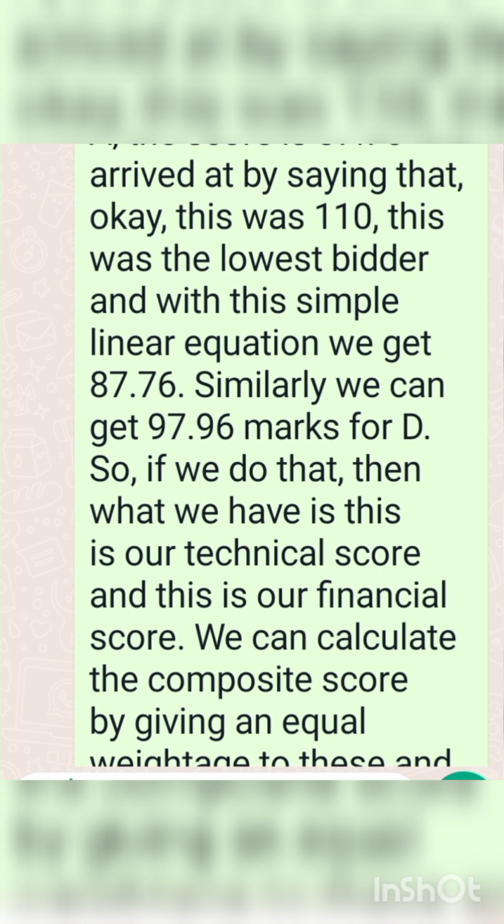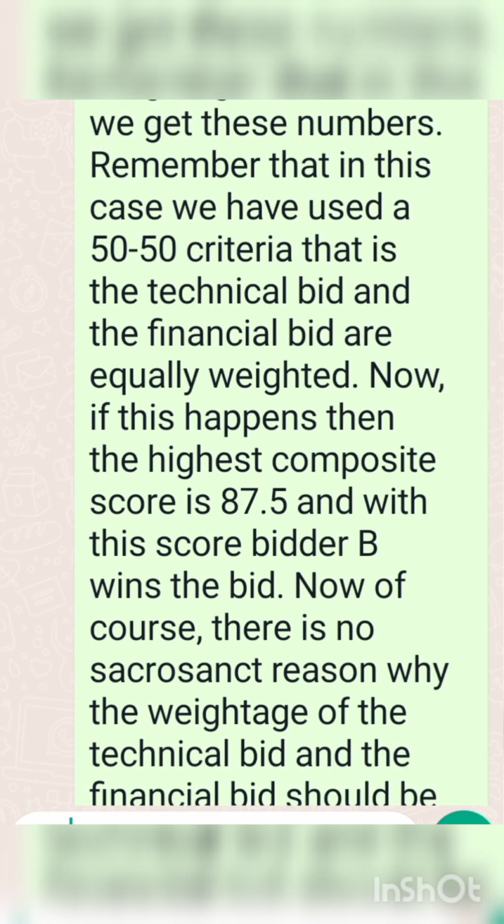We can calculate the composite score by giving an equal weightage to these, and we get these numbers.